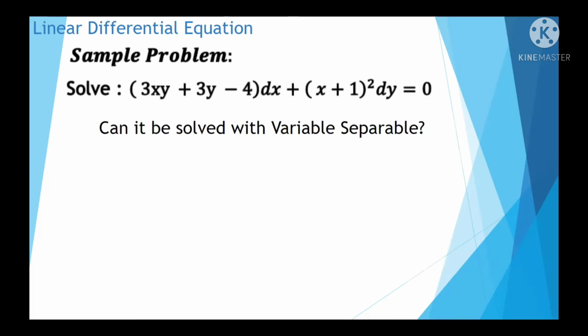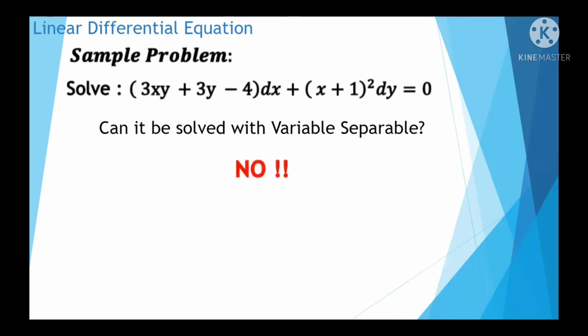To understand further, let's have an example. Solve quantity 3xy plus 3y minus 4 dx plus quantity x plus 1 quantity squared dy equals 0. Can it be solved with variable separable?